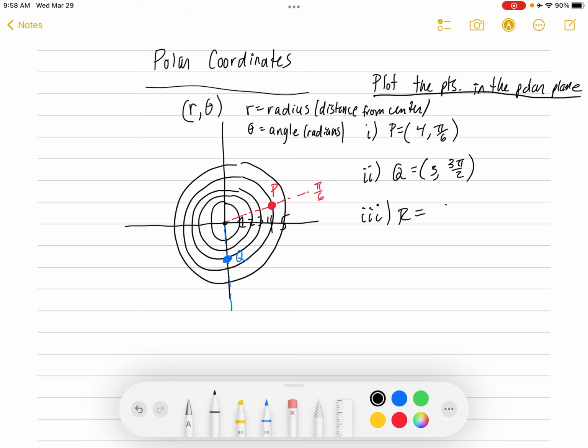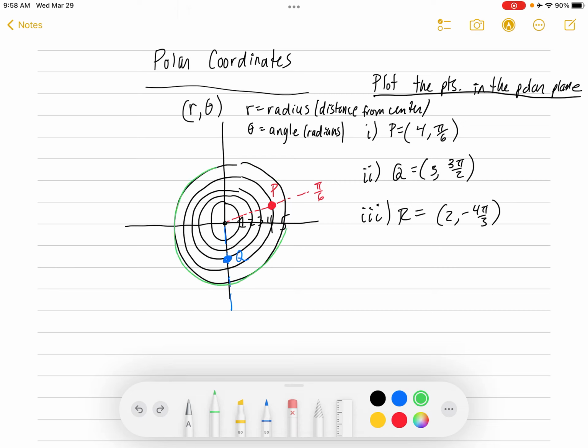As far as number 3, doing a point R, I have 2, negative 4 pi over 3. So that means I'm going to go negative 4 pi over 3. Remember where positive 4 pi over 3 is. Positive 4 pi over 3, I would go all the way to pi and then go an additional pi over 3. So that would be positive 4 pi over 3.